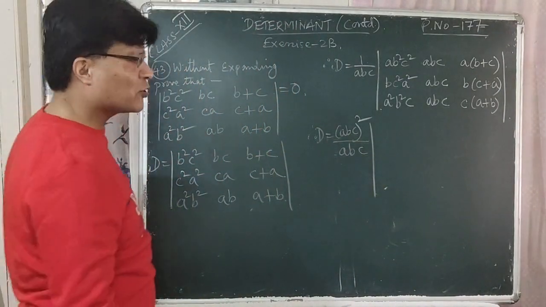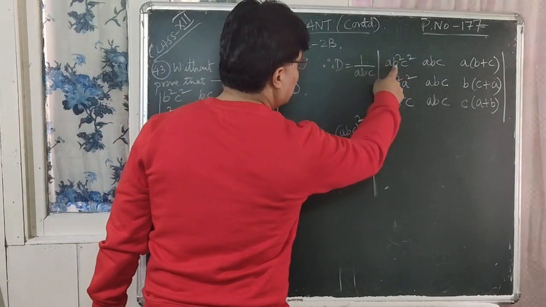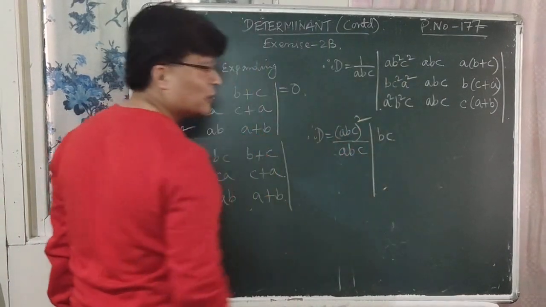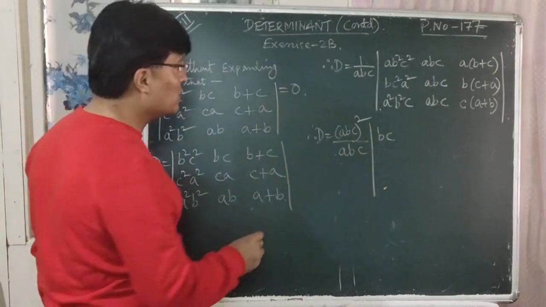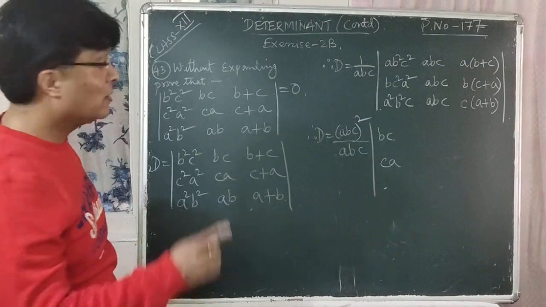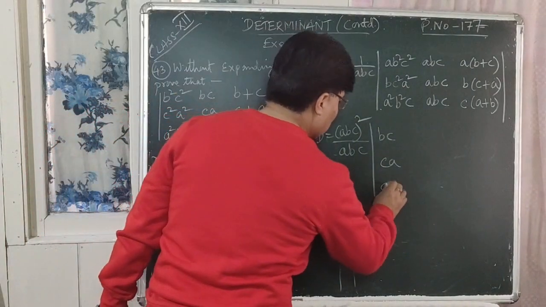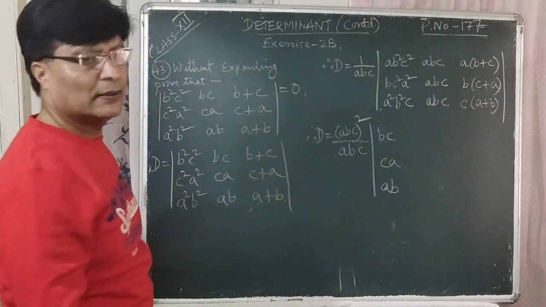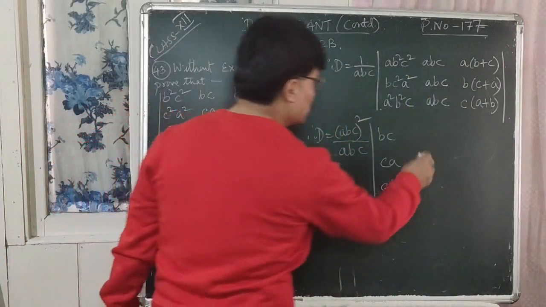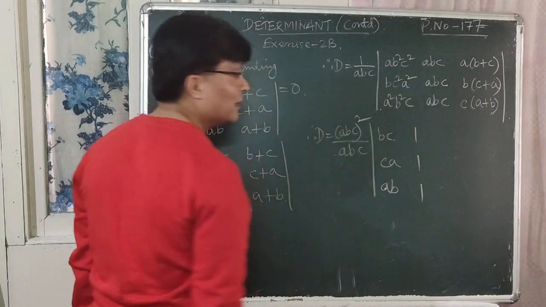So what is the new first column? ABC is taken common, so it is BC. From here also, ABC is taken common, so it is CA. From A square, B square, C square, ABC is taken common, so it is only AB. Clear? And from the third column also, ABC is taken common, so it will be 1, 1, 1, right?